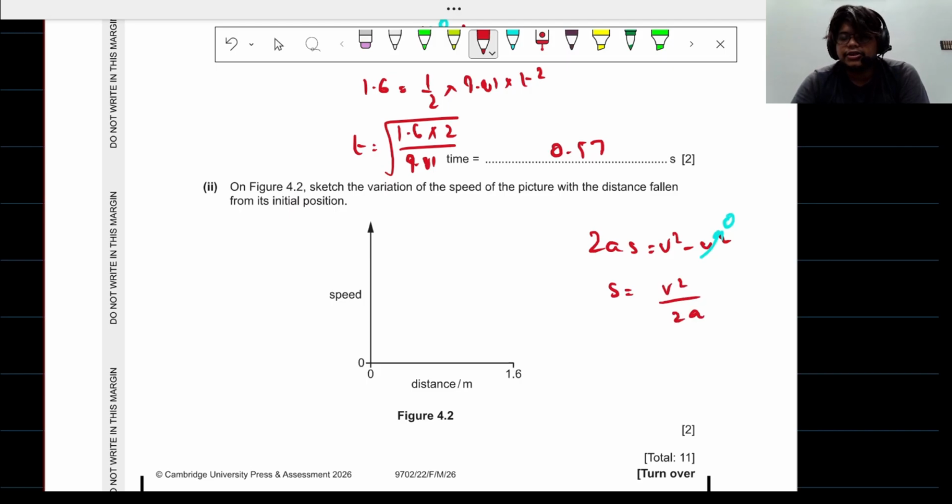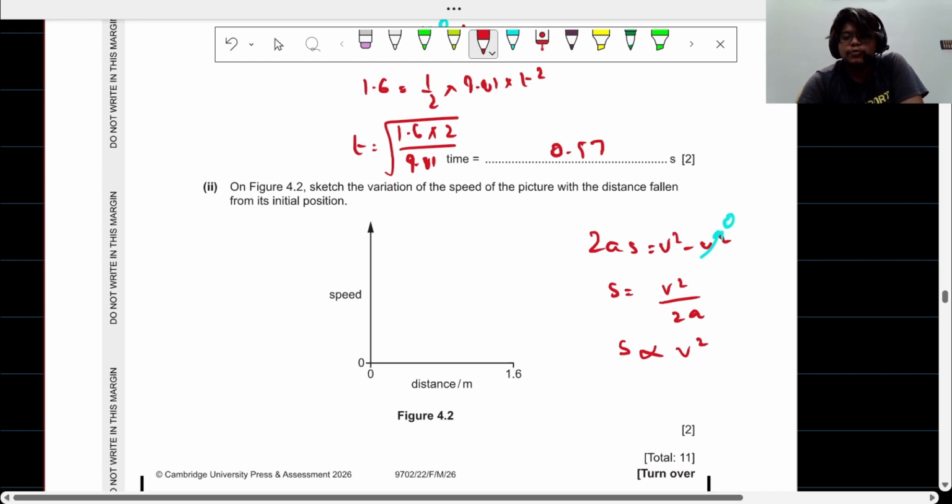Because acceleration is constant, we can say that displacement is directly proportional to v². So this means your v increases more than the distance, so your graph would be more bent towards your speed, right? Because distance increases less, but it is velocity squared.